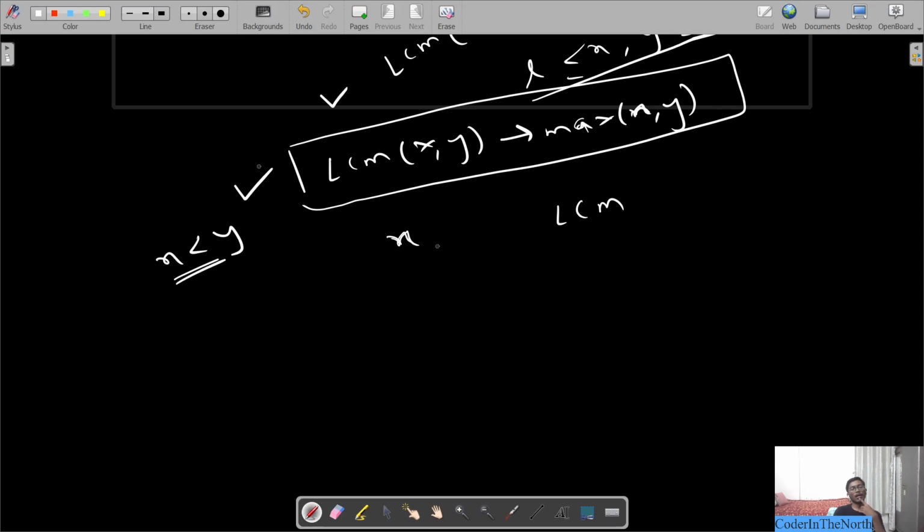If I have some number x and some number y, the LCM should be, as we have considered, y. If I'm considering y is the greatest, then the LCM will be y here. So I have to find such a number which will give me y.